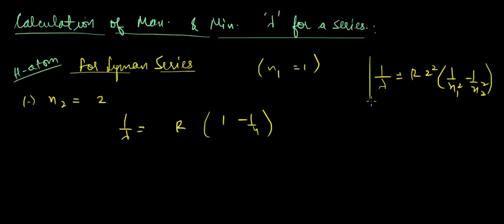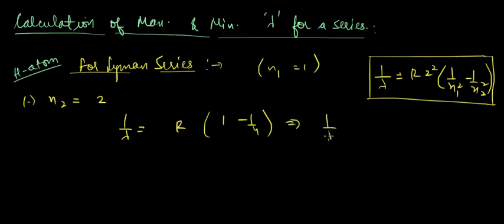Here Z square is 1, n1 is 1 as it is the Lyman series, and n2 is 2, 2 square is 4, hence 1 upon lambda is 3R by 4.